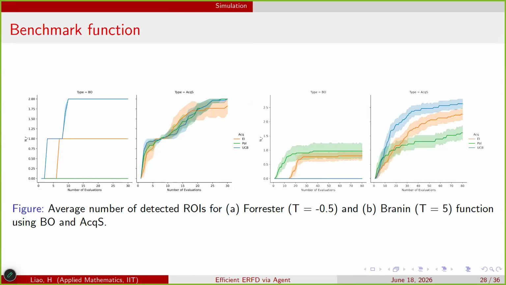And I'm going to just go through the results pretty fast. Basically, the left-hand side is for the Bayesian optimization, and the right-hand side is for the sampling algorithm. This is showing the number of regions detected by different algorithms, and this is the same, but this one is for the one-dimension function, and this one is for the second two-dimension function.